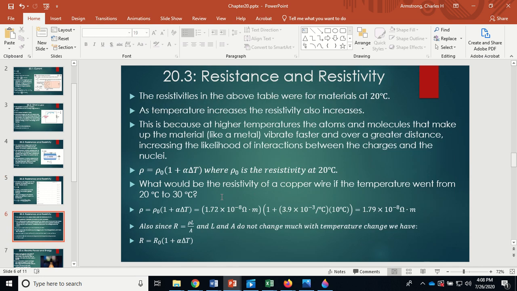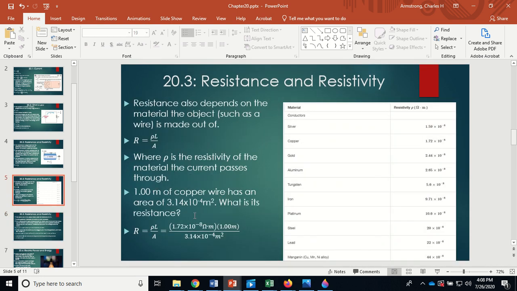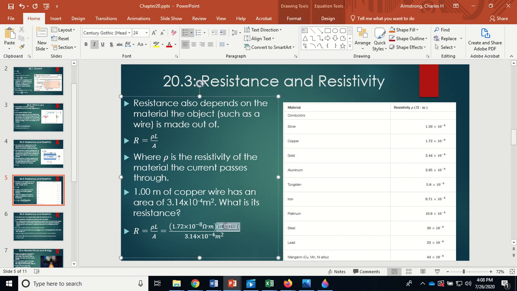One meter of copper wire has an area of about 3.14 times 10 to the minus 4 meters squared. What is its resistance? Well, the length is 1 meter, there's your 1 meter right there. The area is 3.14 times 10 to the minus 4 meters squared.